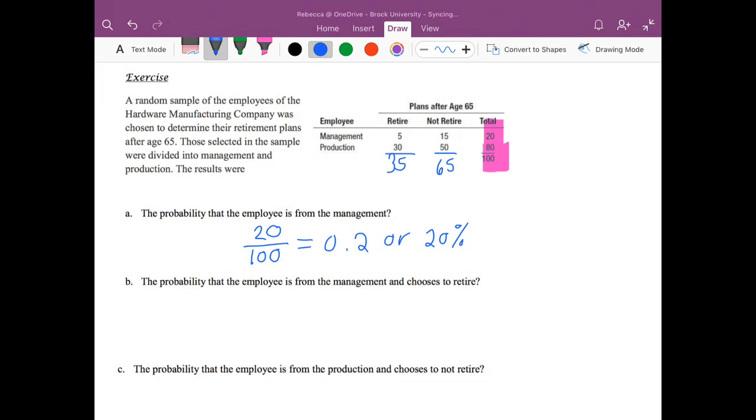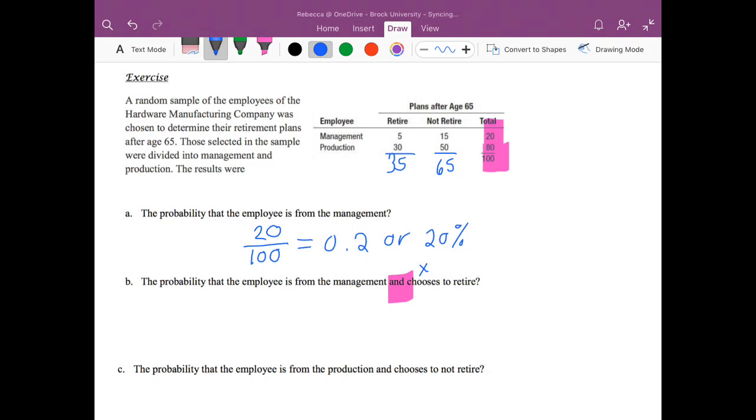The second one says the probability that the employee is from management and chooses to retire. So our key word here is "and." So "and" tells us that we're going to have to multiply. Okay, so I'm going to put a little multiply sign over top of "and."